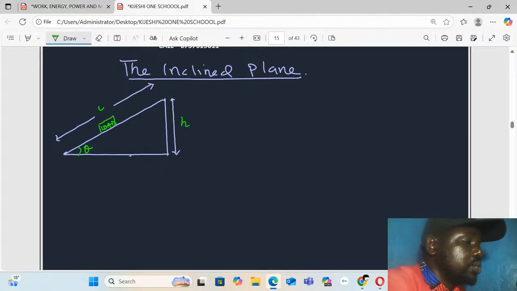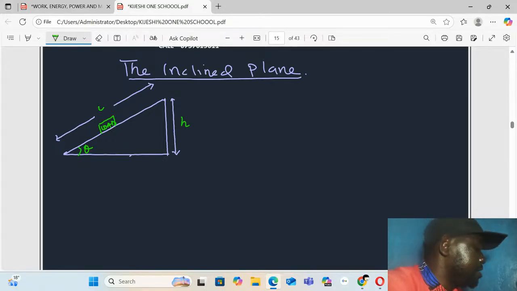So this one is used to help load vehicles or move heavy loads through increasing the distance of the load.